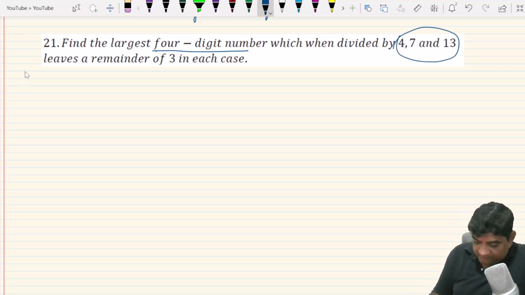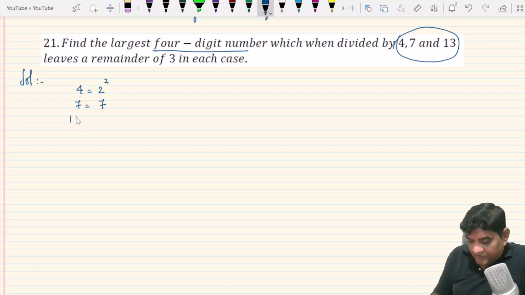Let's do this. 4 is going to be 2 square. 7 is just 7 itself. 13 is already a prime number, so it's simply 13. So the LCM of 4, 7 and 13 is going to be equal to 2 square into 7 into 13.